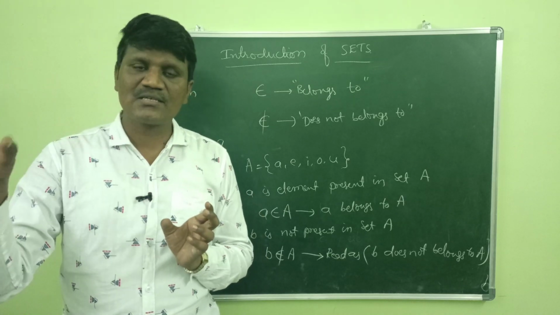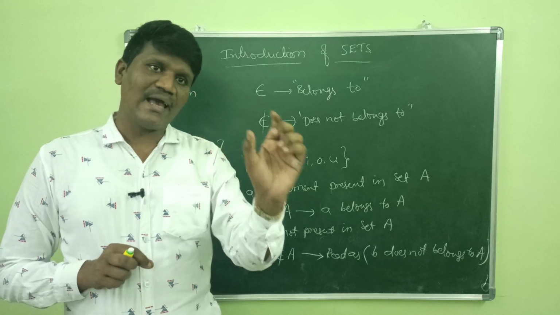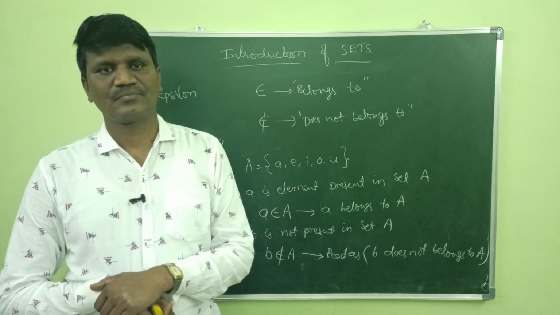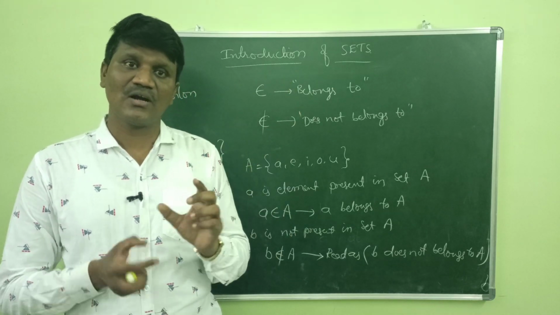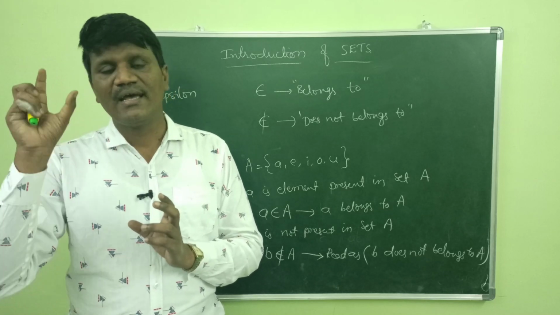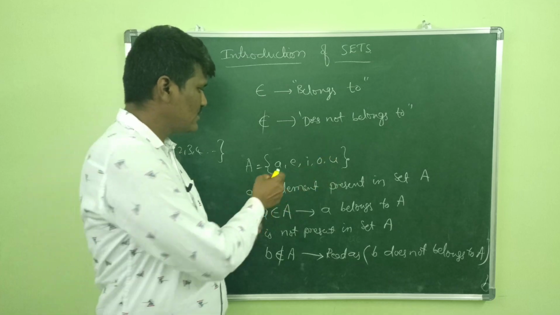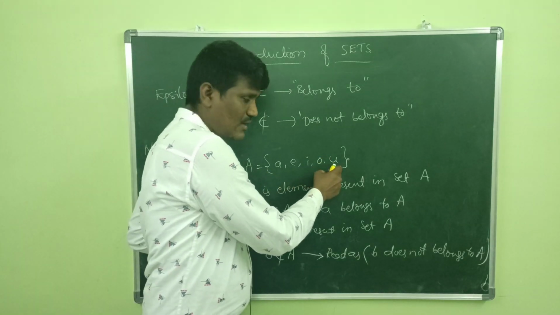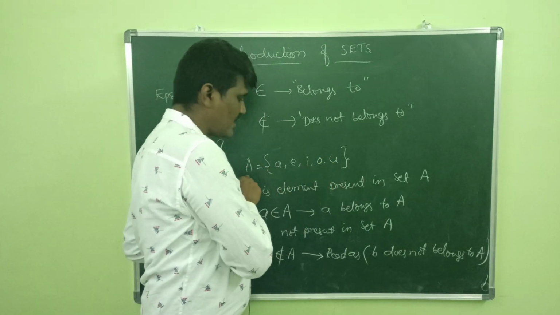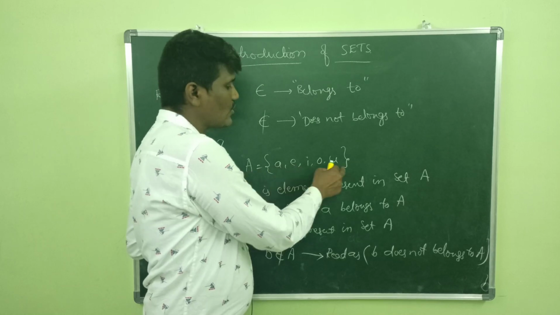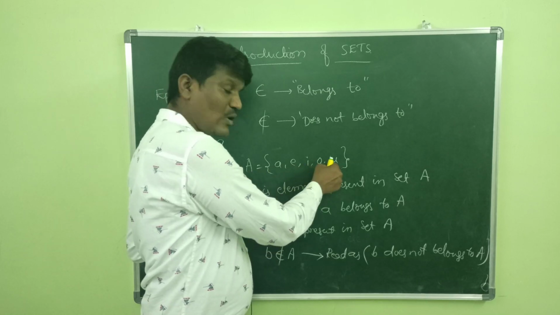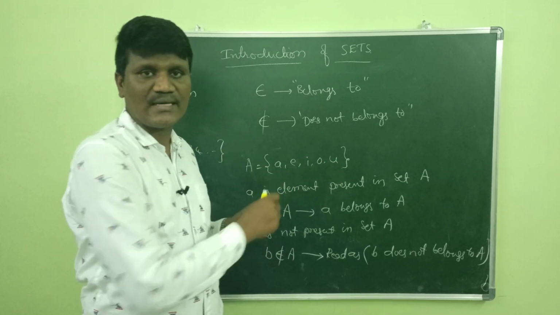And the objects of the set are called elements of a set. If you see this A, E, I, O, U, these are called elements of set A.